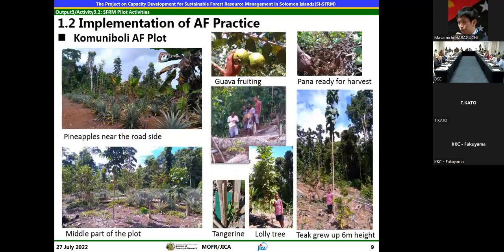So this is the implementation practice, what's happening in the plots in Komuni Boli. As you can see, they have their short-term pineapple, and you can see the mahogany trees have grown very fast.